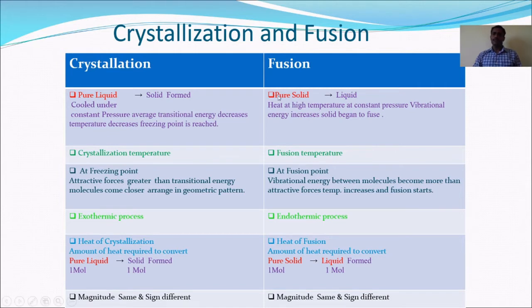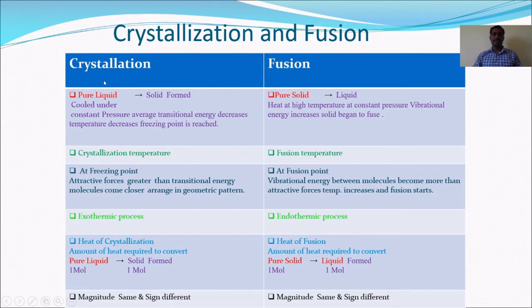But in case of fusion, we take pure solid and heat that solid at a constant pressure, and due to that its vibrational energy increases, temperature increases, and solid is converted into liquid. Such a point is called the melting point.